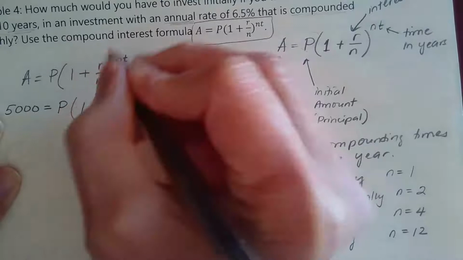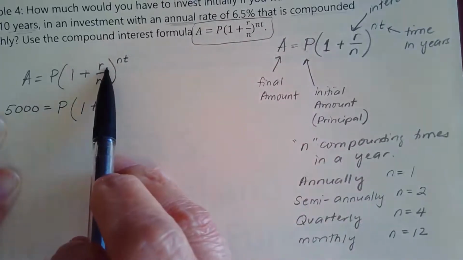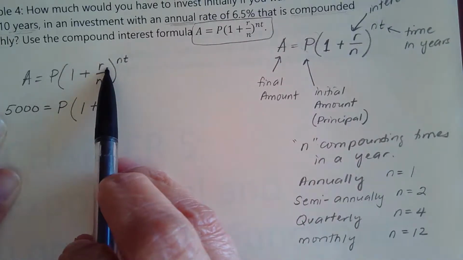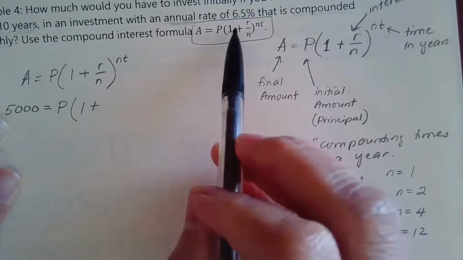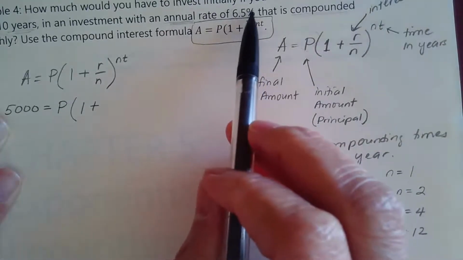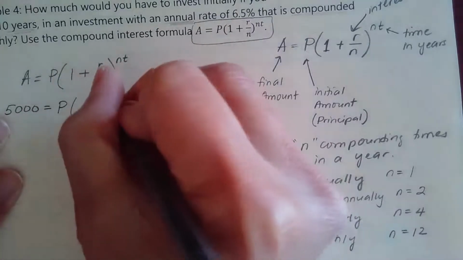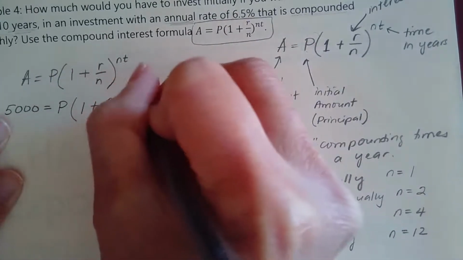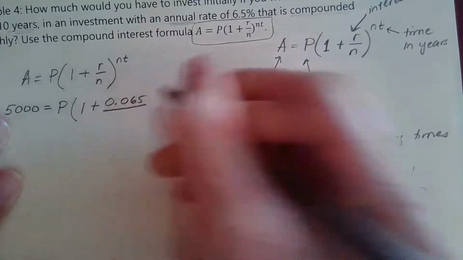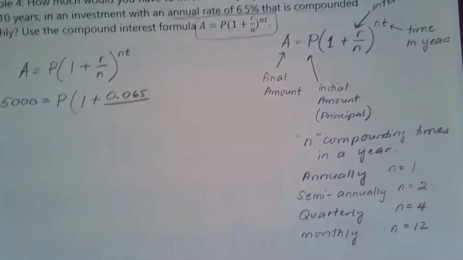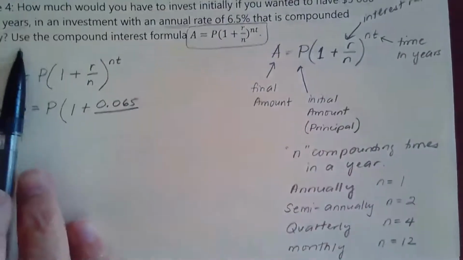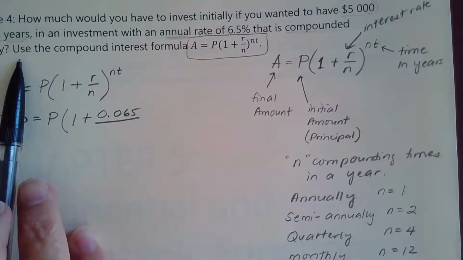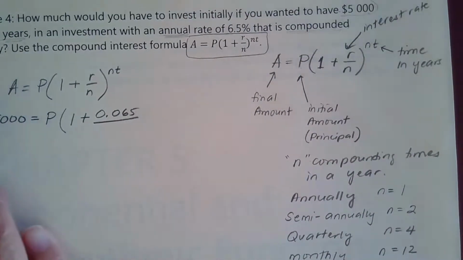So that's what we're going to do. 1 plus R. R is the interest rate. And because it's 6.5%, we're going to express that as a decimal, so divide by 100, 0.065, divided by n. Okay, what is the n again? N is compounded monthly.